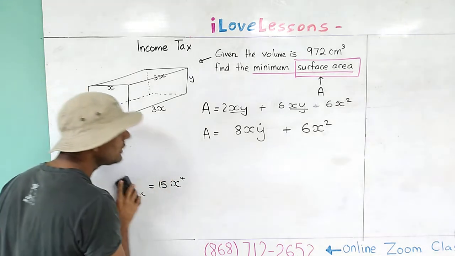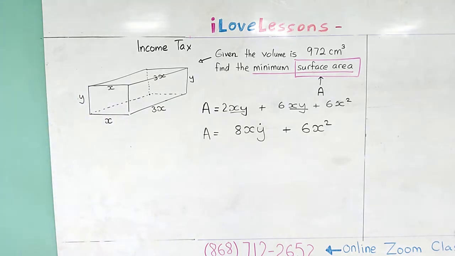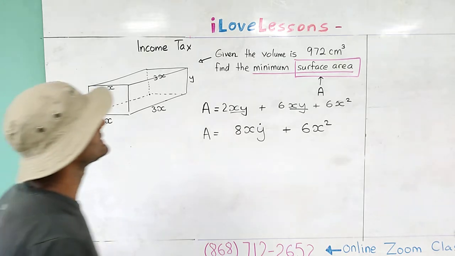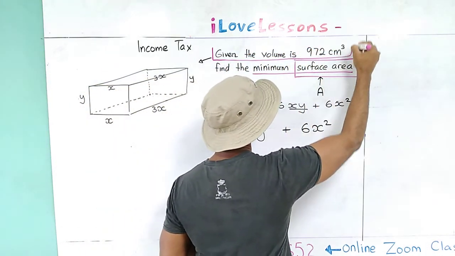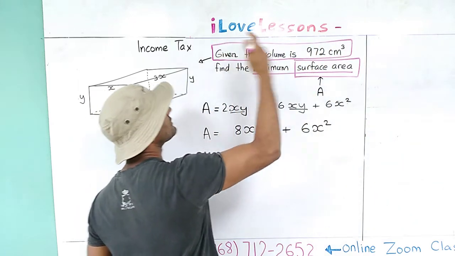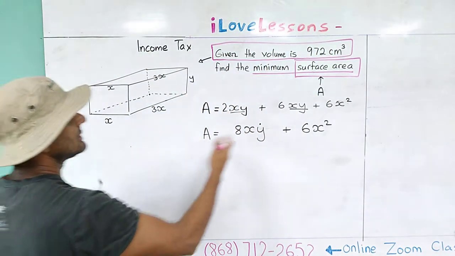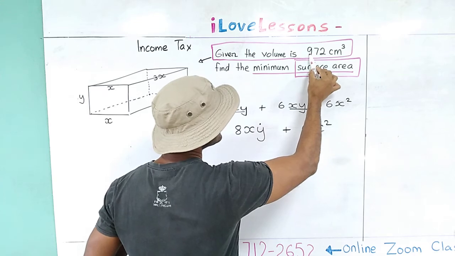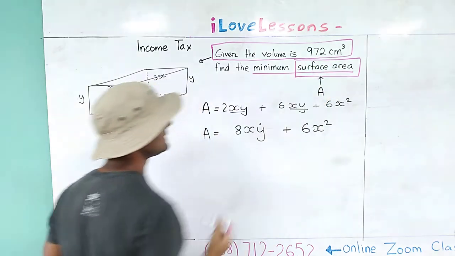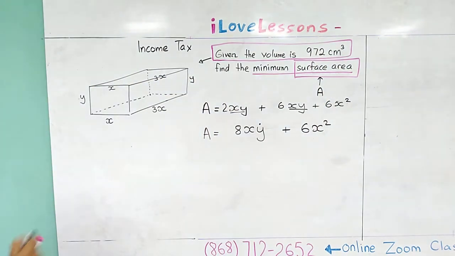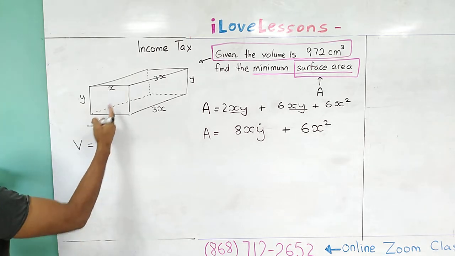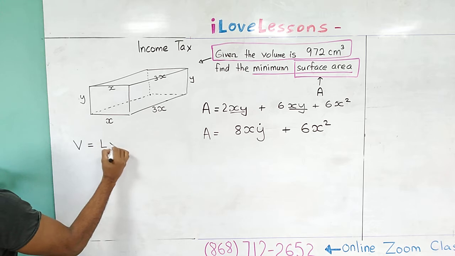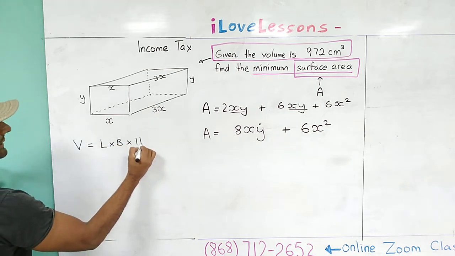So how do we get rid of the y? The examiner has given us a clue. Look up here, guys. He has told us that the volume of this cuboid is 972 cm cubed. So let me go to the side here. The volume of this object is length by breadth by height.